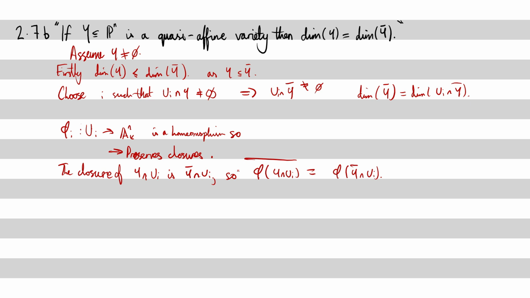Now, we know that the dimension of a quasi-affine variety is equal to the dimension of its closure. Therefore, the dimension of phi of Y intersect U_i is equal to the dimension of this, which we have shown in question 2.6 is equal to the dimension of Y. Wait, phi of this.